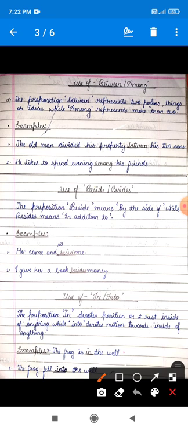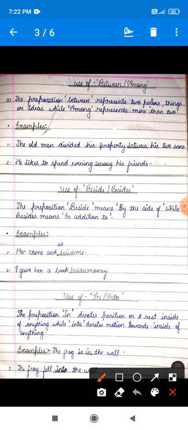So let's see some example. He came and sit beside me. Okay, dear. So you can see he came and sit beside me. So here the sentence conveys the meaning of by the side of. That is why we have filled here preposition beside. And here I gave her a book besides money.